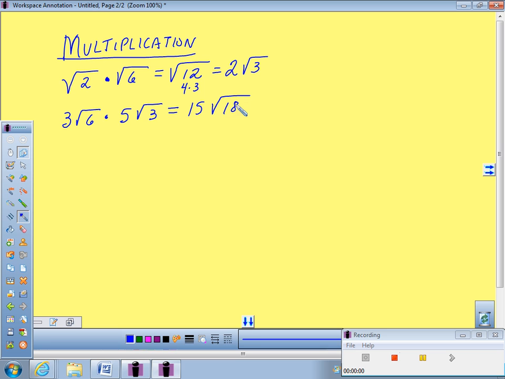Once again, you'd ask yourself, can I break down square root of 18? And the answer is yes, you can. So 18 is really 9 times 2. When I take that square root of 9 out, that's going to give me a 3. So I'm actually going to have 15 times 3, or 45 times the square root of 2.